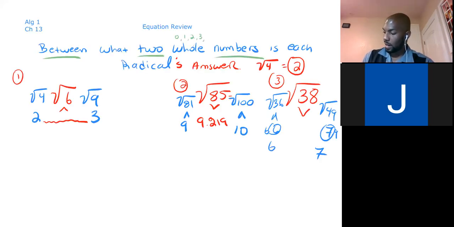The radical of 38 is 6.16, and that is in fact between the numbers 6 and 7. All right, there's section 1.